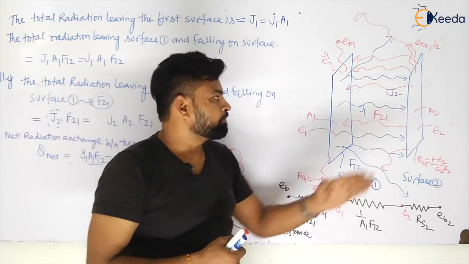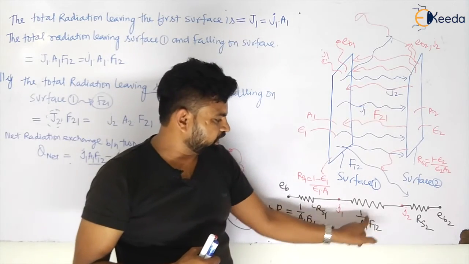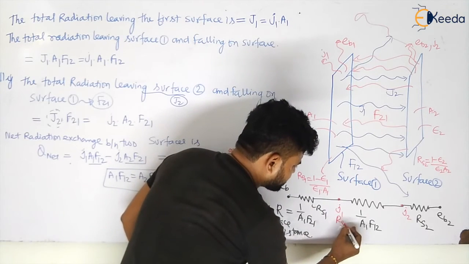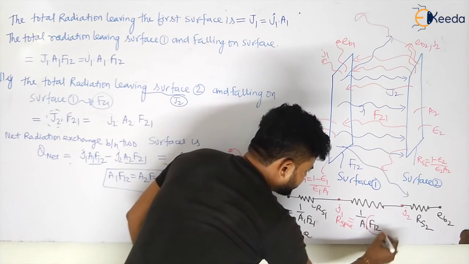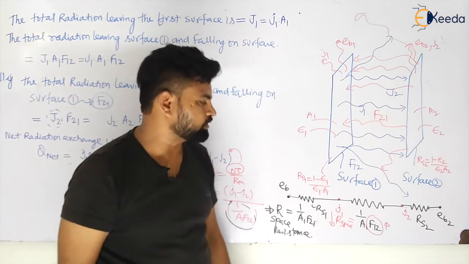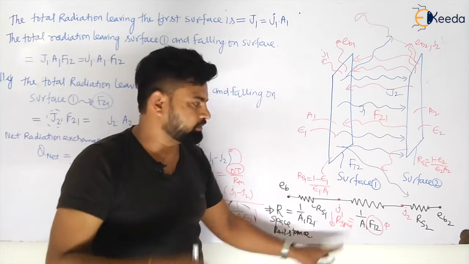As I bring it closer, F12 will increase, due to which R space will decrease, my dear students. Also, if the area of the body increases, then R space will decrease.